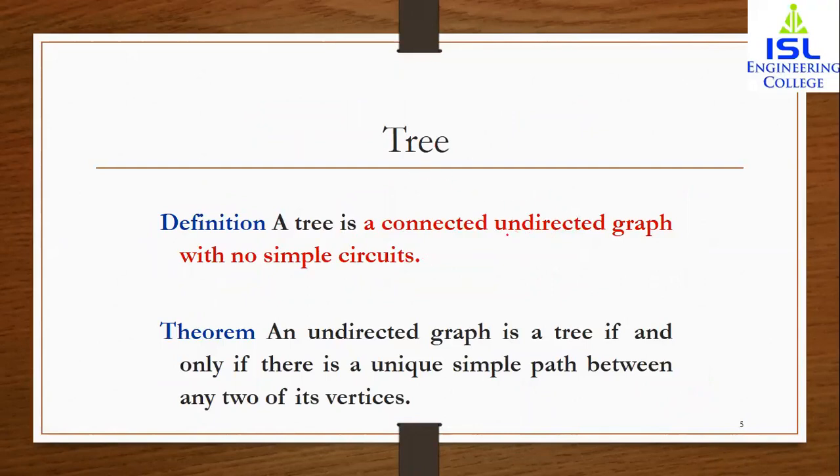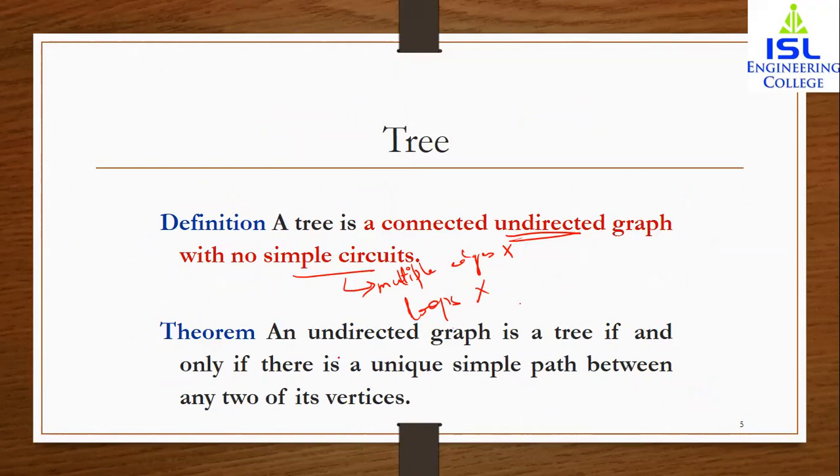In the case of a tree, it should not have any direction, but it should be connected, and there should be no simple circuits. Because a tree cannot have a simple circuit, it means it does not have multiple edges. Let me just write it. No multiple edges and also no loops. Therefore, any tree must be a simple graph.